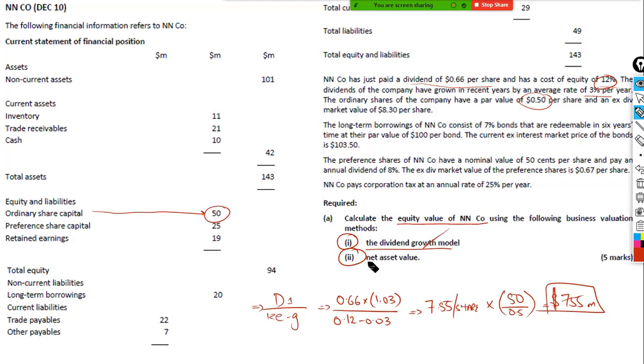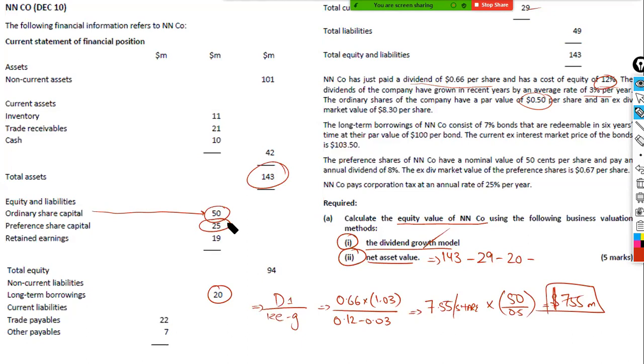Number two is net asset value, which is also very simple. Your total assets is 143. Are there any intangibles? No, there are not. Minus your liabilities: total current liabilities is 29, minus non-current liabilities of 20. Minus, as I said, we also deduct preference share capital.